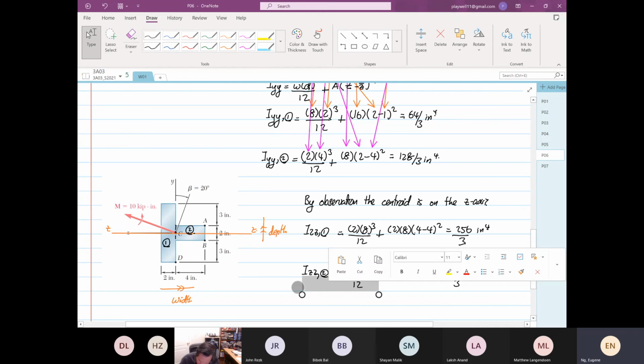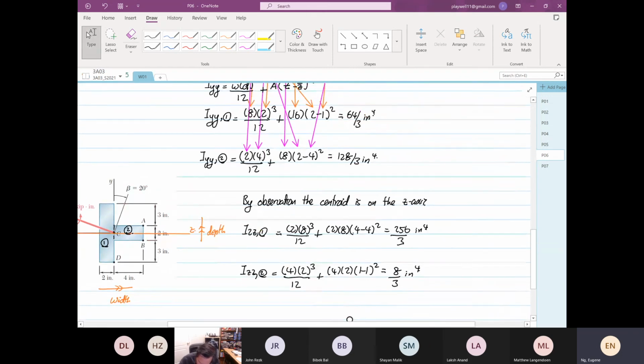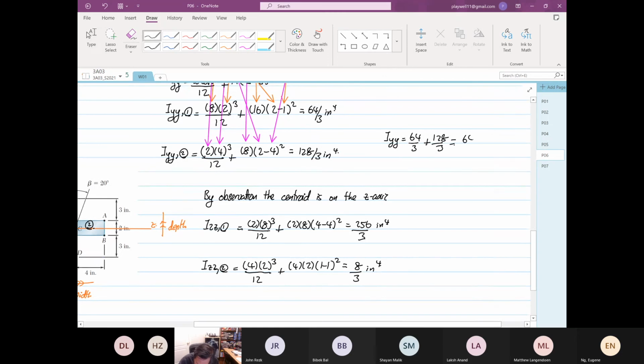So finally, we know that IYY is equal to 64 over 3 plus 128 over 3, so 64 over 3 plus 128 over 3 is equal to 64 inches to the power 4.